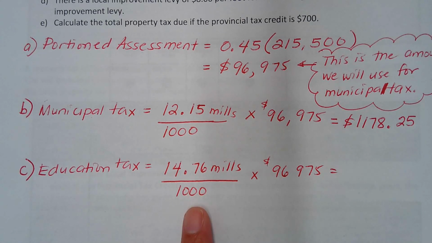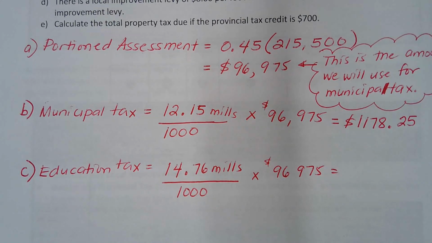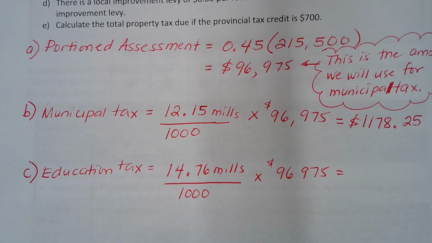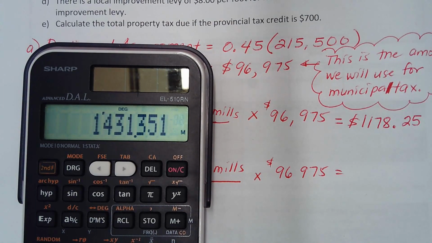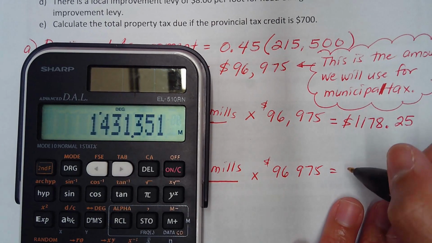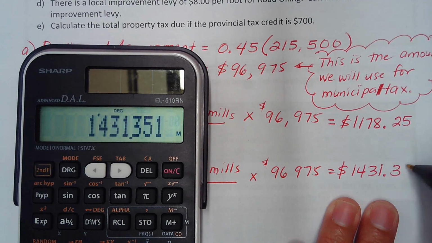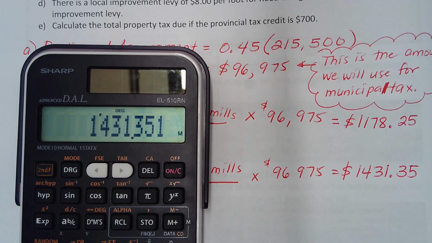So 14.76 mils divided by 1,000 times 96,975. So try that. Okay, so this is what I got. I want to double check with you. Did you get 1431.351? Yeah? Okay. So again, we write that as 1431 point, has to be 35, right? Yeah, you're good?